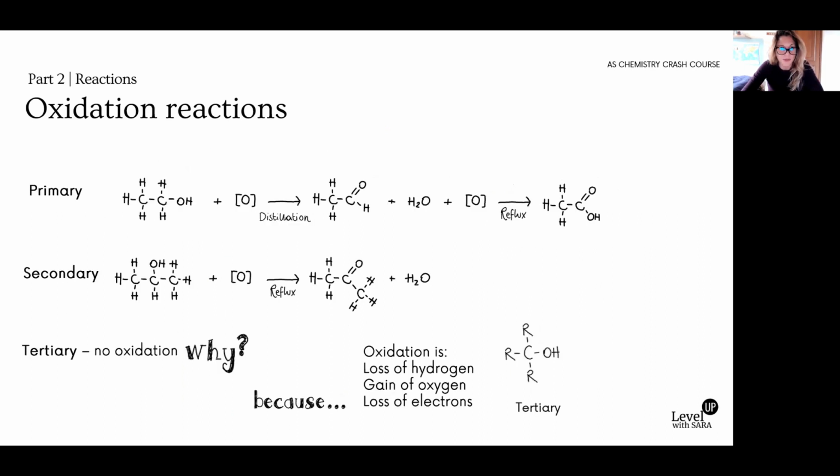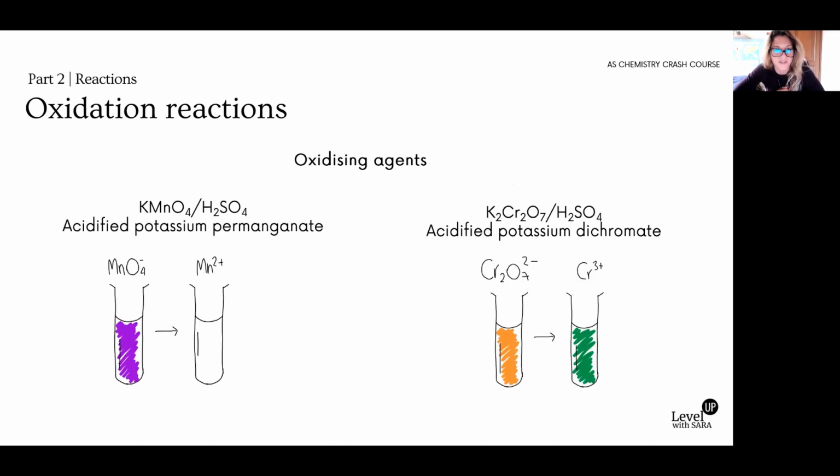And one last point to mention is that there are changes in color, because those are the two common oxidizing agents. Potassium permanganate changes from purple to colorless if the oxidation takes place, while acidified potassium dichromate changes from orange to green. So this is not only the oxidizing agent, but also a test that could help us distinguish between the different compounds.